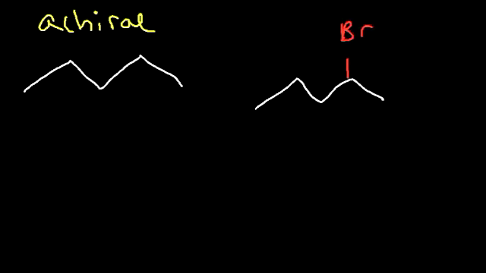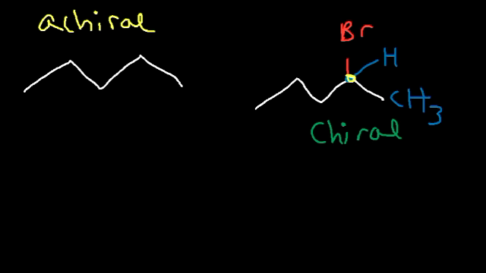Does it have chiral carbons? This carbon here with the Br is chiral. We have a methyl group on the right, a propyl group on the left, a bromine, and a hydrogen. So we have a chiral center. This molecule overall doesn't have symmetry, so the molecule overall is chiral too. So we have a chiral center and a chiral molecule.